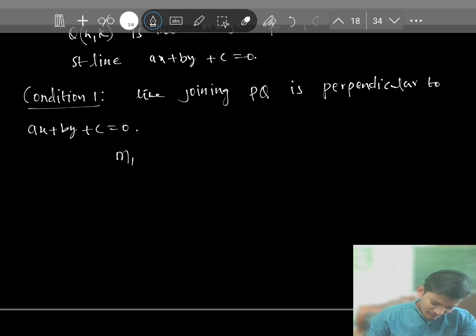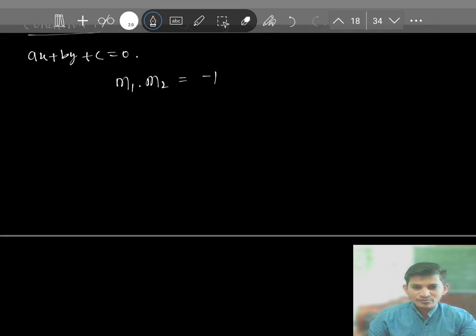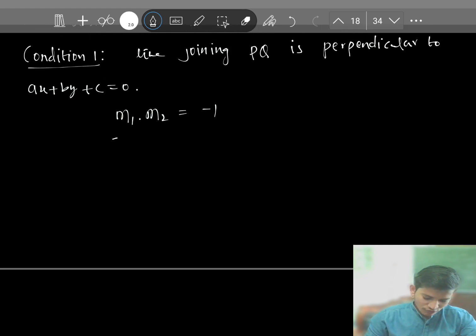Then if m1 is representing the slope of the line joining PQ and m2 is representing the slope of ax plus by plus c equals to 0, then when there is a condition of perpendicularity, the product of slopes must be equal to minus 1. So m1 into m2 equals minus 1, where m1 is the slope of the line joining PQ.